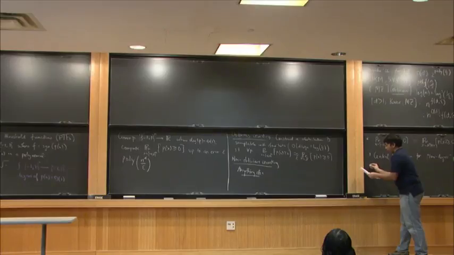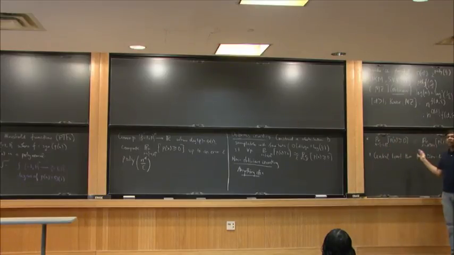The CLT will roughly state, I'll define what I mean by eigenregular polynomials, that if a polynomial satisfies a condition called eigenregularity, which is efficiently checkable, then the law of the polynomial under the Gaussian distribution looks very close to a Gaussian itself.